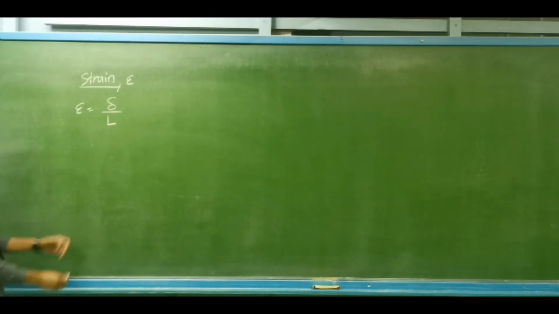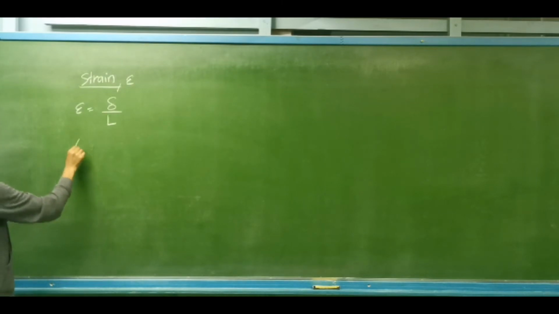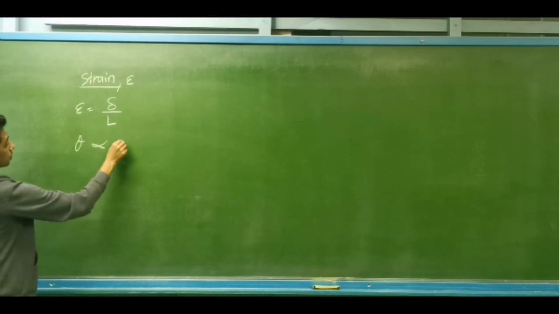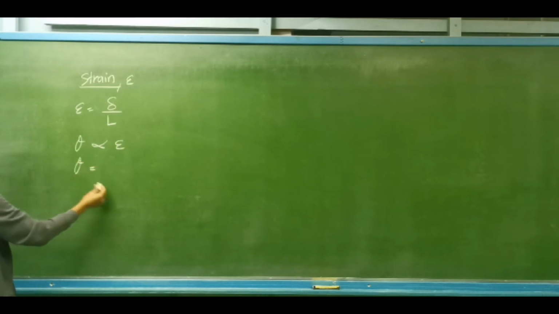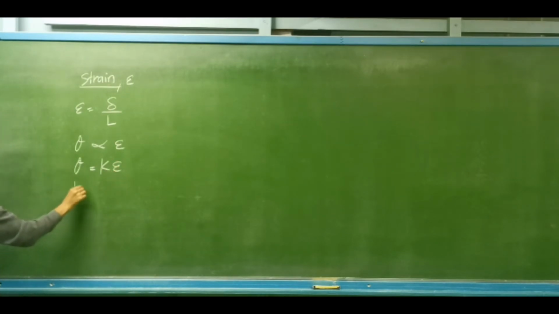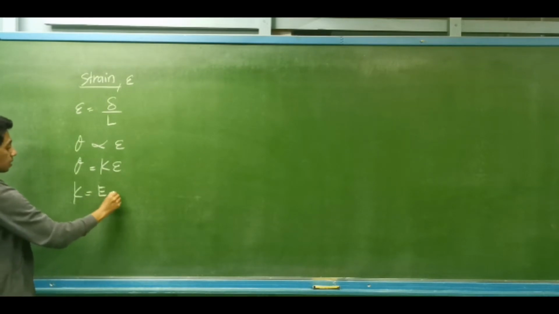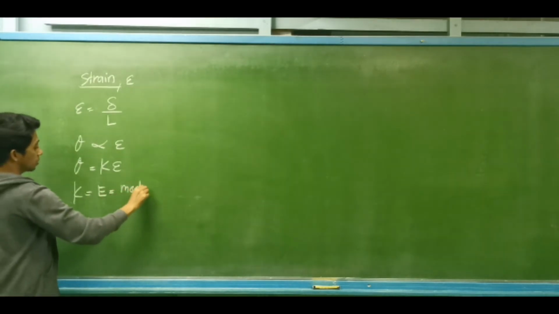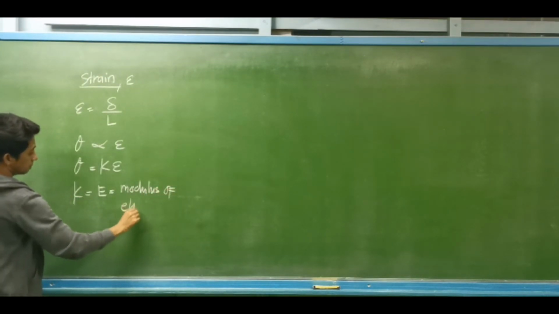What is the relation between stress and strain? Basically, stress is directly proportional to the strain. For an equation, we have to place a proportionality constant multiplied by the strain, wherein the proportionality constant is E, the modulus of elasticity.